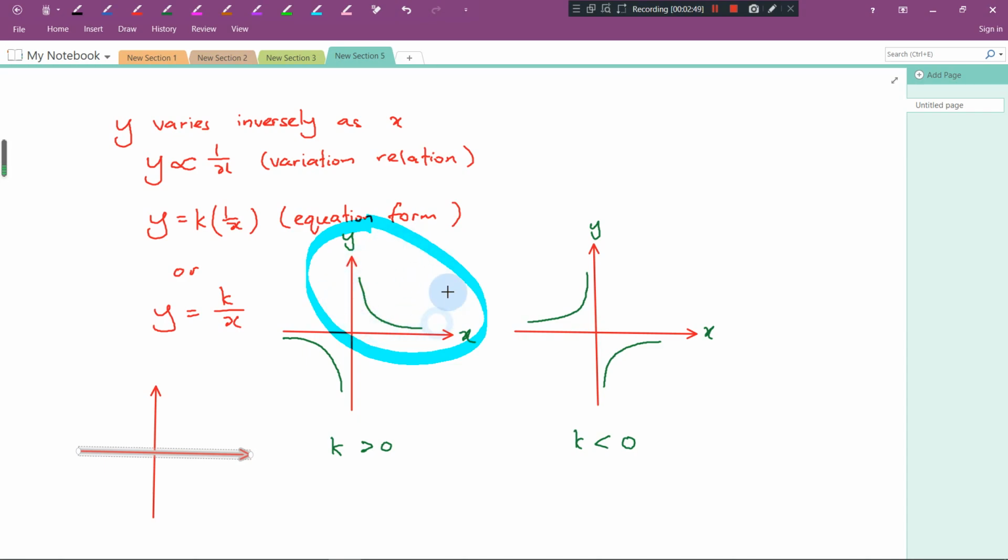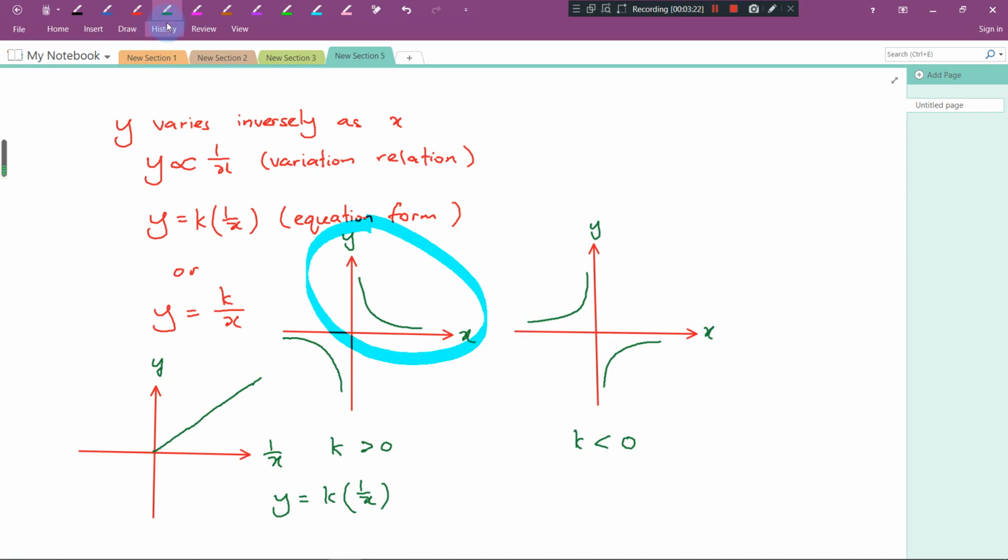If you convert this part and redraw it as y against 1 over x, you will actually get a graph like this, a straight line passing through the origin. y is equal to k times 1 over x. The k is a constant of variation or constant of proportionality. So this is also the gradient of the graph y against 1 over x.